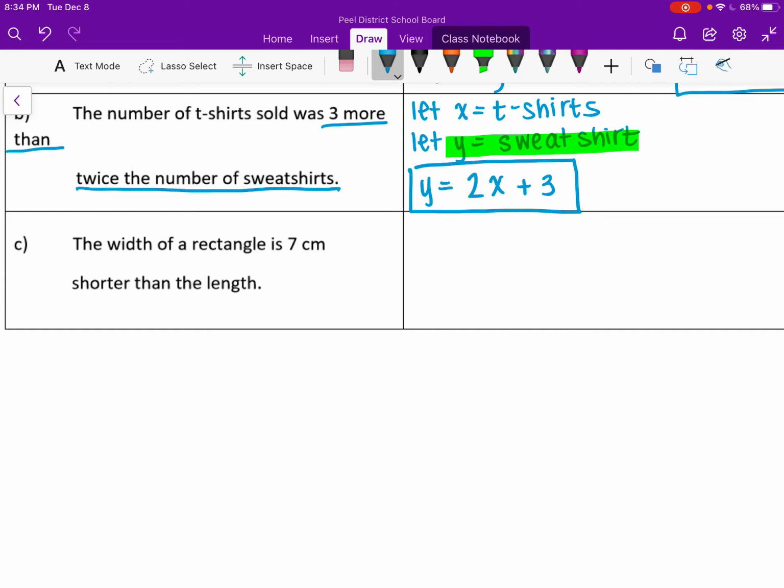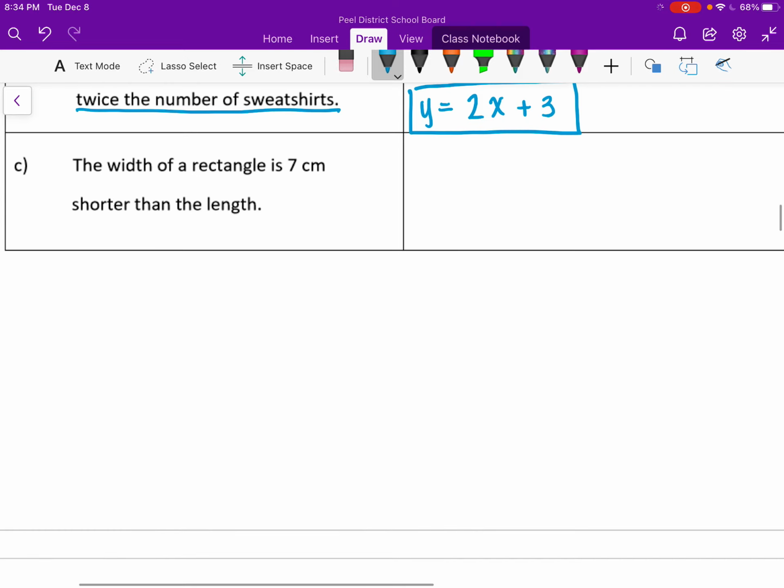Okay. So it says the width of a rectangle is 7 centimeters shorter than its length. So I know that width is equal to 7 centimeters shorter than, which I can say is less than 7 centimeters, than its length. So I'm going to just say L is the length. We don't know what the length is, minus 7.